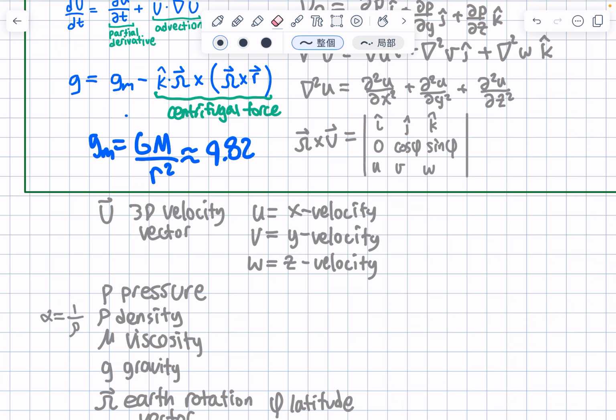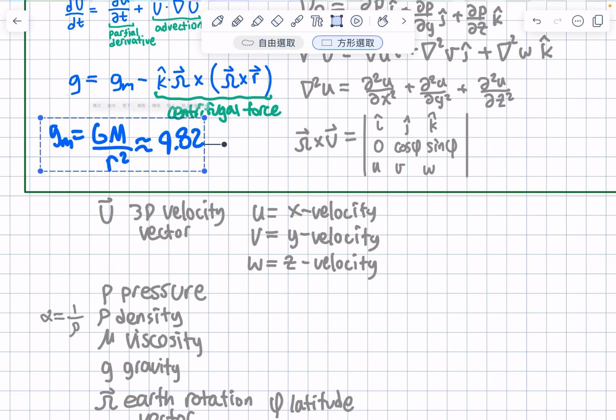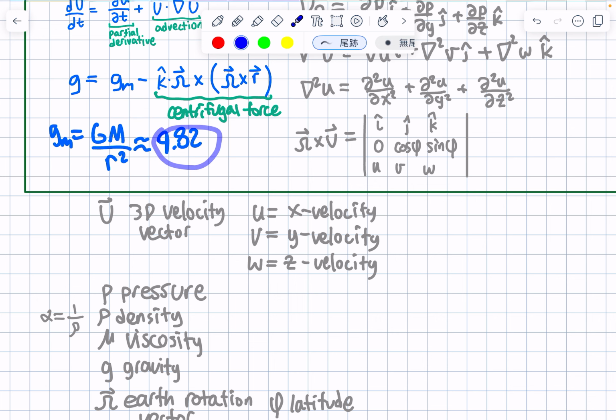Why it's not 9.81 really depends on how many decimal digits the approximations of Earth's mass and radius go out to.